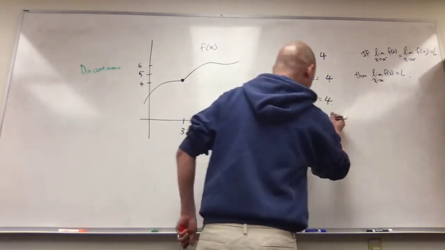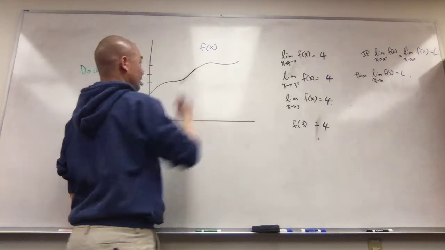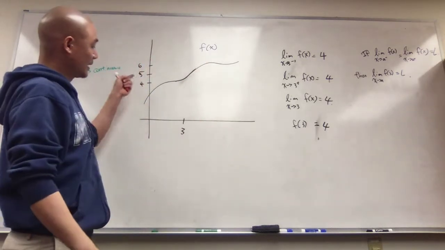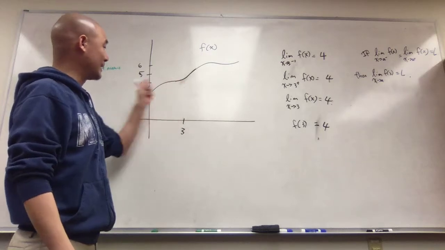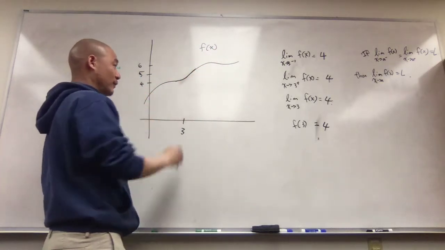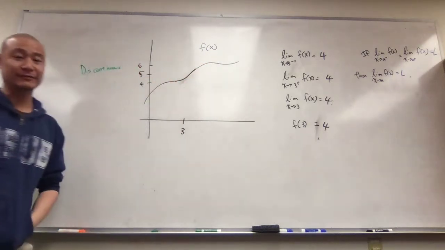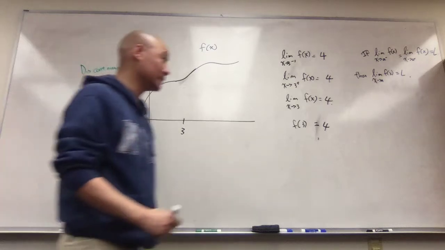So in this version of the function, I don't even have to draw a dot there. I'll say, okay, when x heads towards 3 from the left, it goes towards 4. Same thing from the right, it goes towards 4. That means the limit is 4, and 4 is actually the value the function takes on.